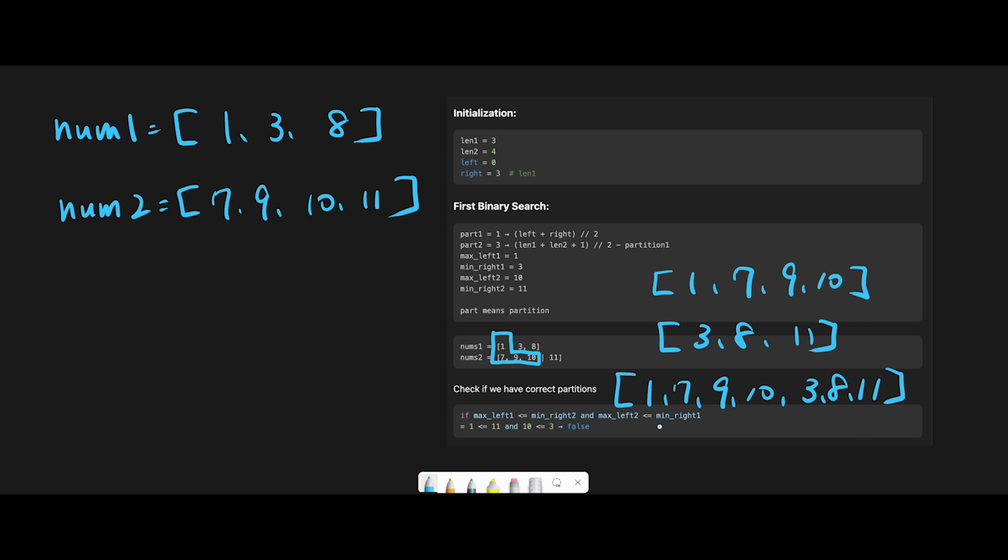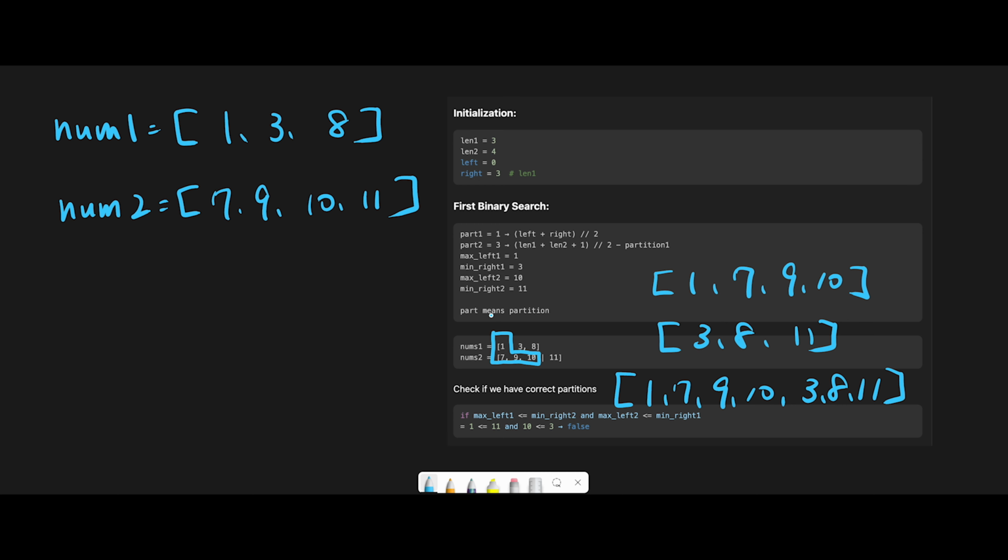Since these two input arrays are sorted, we don't have to compare max left 1 and minimum right 1, because it's obvious that minimum right 1 is greater than or equal to maximum left 1, right? And maximum left 2 is definitely less than or equal to minimum right 1 and minimum right 2.